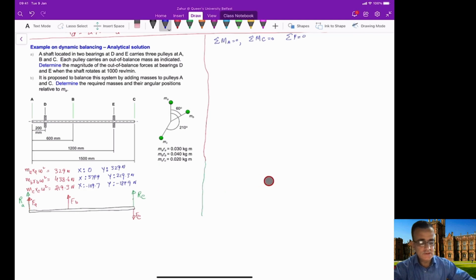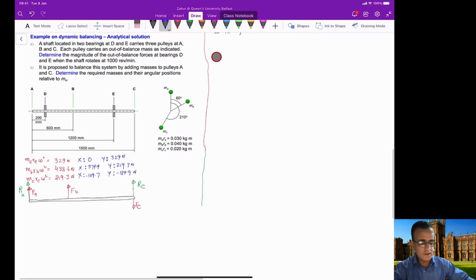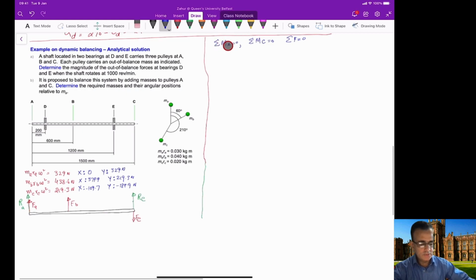So we can use either condition 1 and condition 3, or condition 2 and condition 3. So we just use condition 1, that is, summation of all the moments at A equals 0.